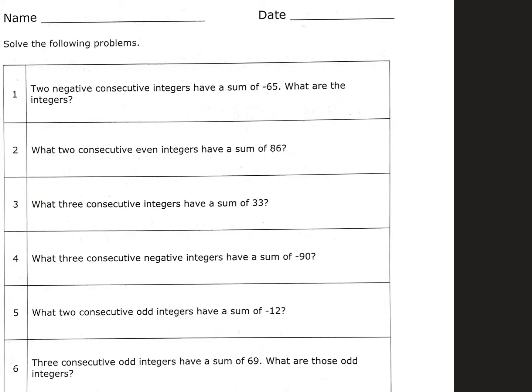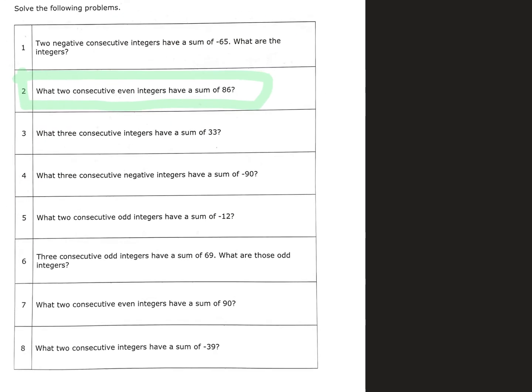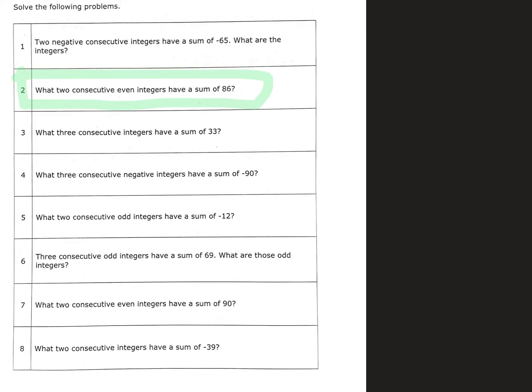Okay, so I'm gonna use number 2 as the example on the back page. See where it says 2 consecutive even numbers? Give me examples of even numbers. Like what are even numbers? 2, 4, 6, 8, 10, etc., right?